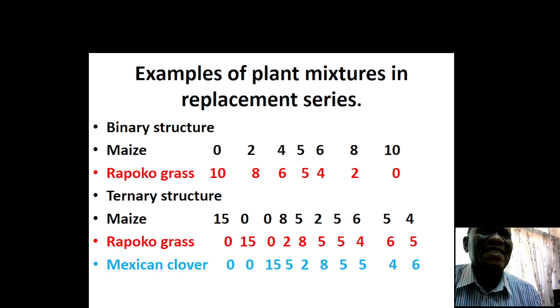You may have 15 rapoco, 15 Mexican clover, and you can have those various proportions. But somewhere you have a treatment where you have 5, all equally represented. But we are not going to worry about the ternary structure, although it's much more realistic, but it can be very complicated as well. So we'll focus on the binary structure, maize and rapoco grass.